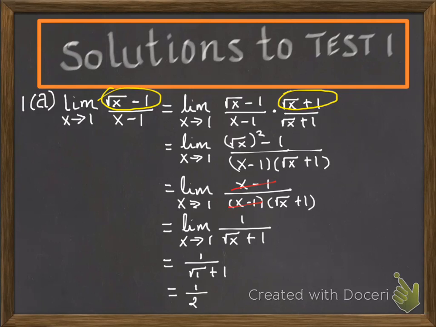As a result, we get x minus 1 over x minus 1 times the square root of x plus 1. The x minus 1 will cancel each other, so we get this expression. At this point, we can plug in x equal to 1, and we get this result. So the answer will be 1 over 2.